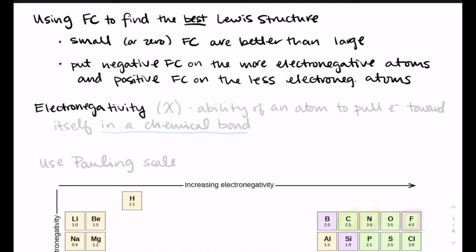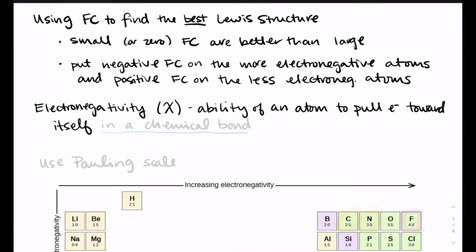We use the letter chi to represent electronegativity, which when you handwrite it looks kind of like a fancy capital X. It might sound familiar: pulling electrons toward itself sounds kind of like electron affinity, and you're going to see similar trends. It's just this "in a chemical bond" part that is the key to defining electronegativity. That's the major difference between that and electron affinity.